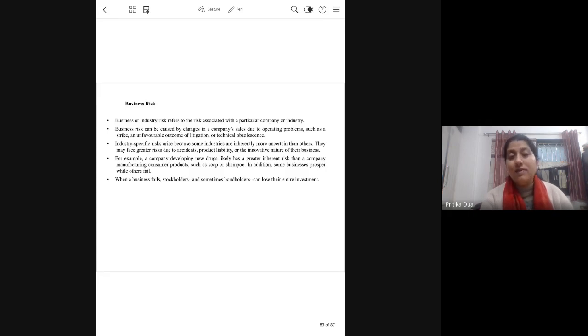So as an investor, I can avoid this risk by not going to the automobile sector. Instead of that, I start investing in the IT sector. So unsystematic risk is diversifiable. I can avoid that risk.